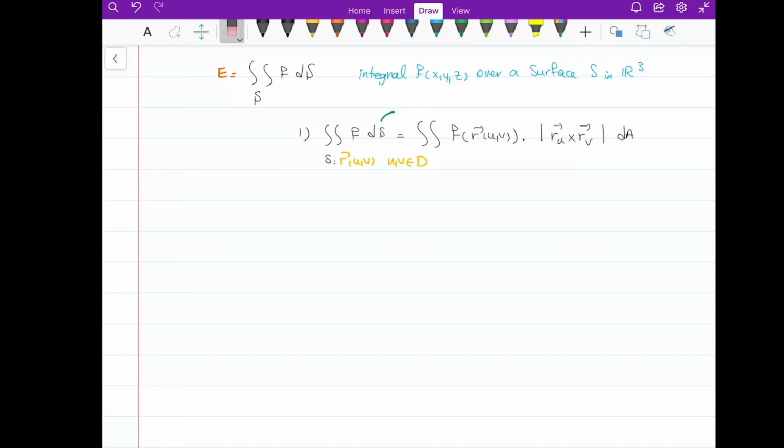I can say that it's the integral with respect to the surface area, that's capital S. Okay, and then dA in here could be du dv or dv du, based on whichever is easier. The integral would be over the region D.